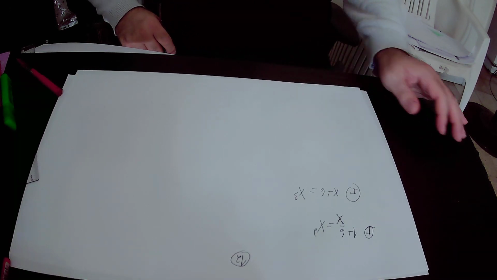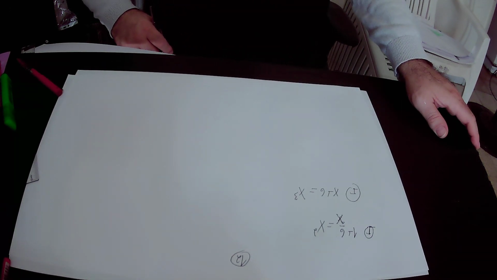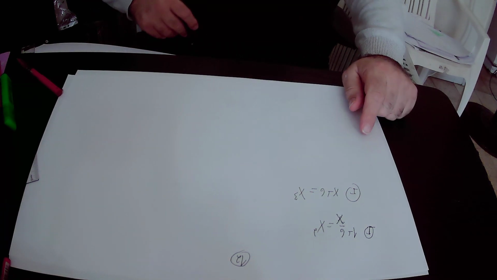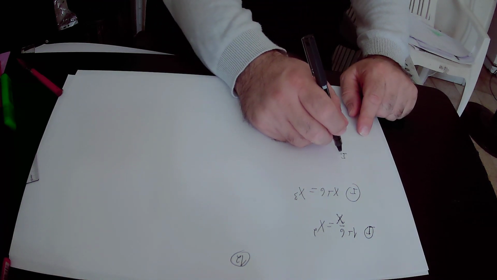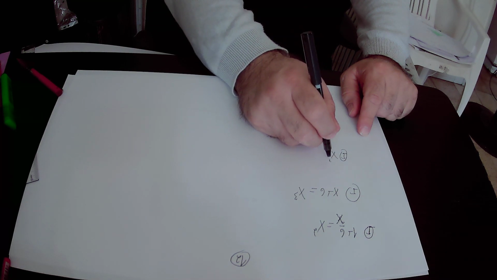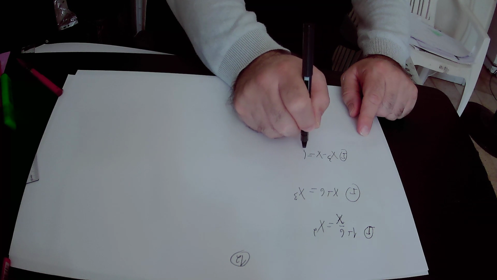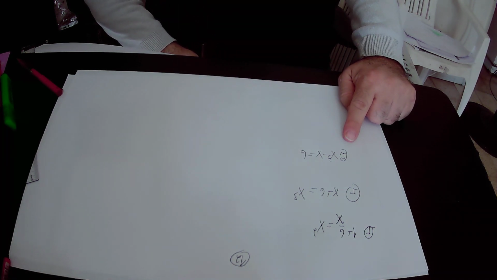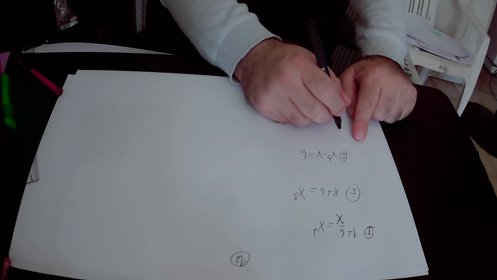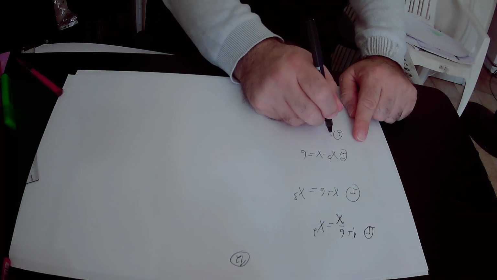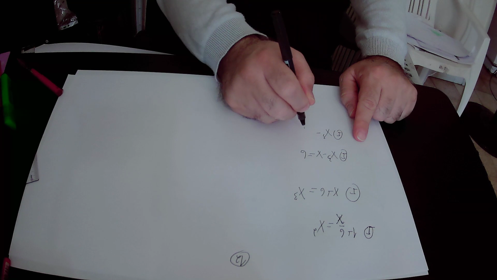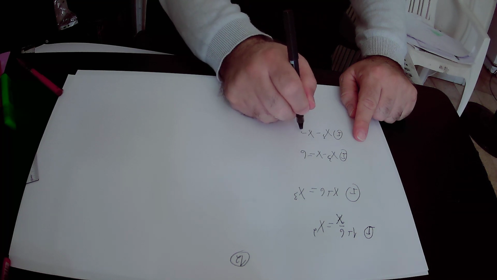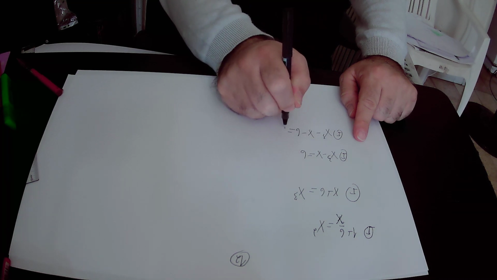So here we will subtract x from equation number 1, and we will get that x cubed minus x equals 6. We will subtract 6 from equation number 1, and we will get that x cubed minus x minus 6 equals 0.